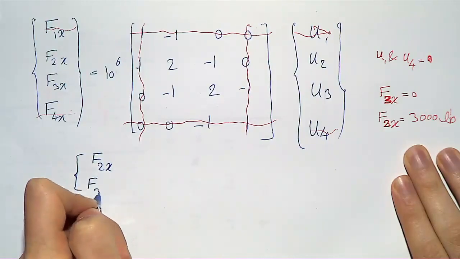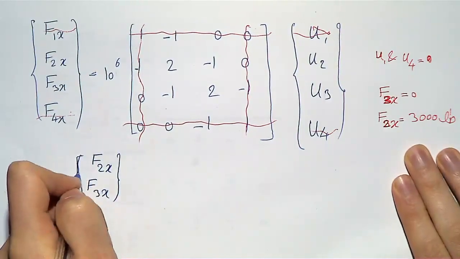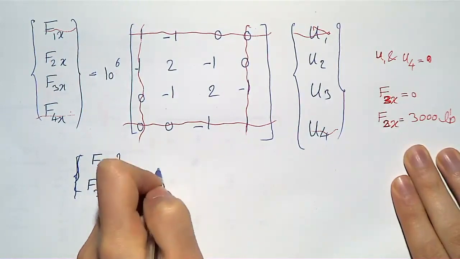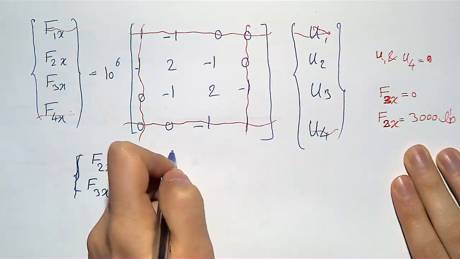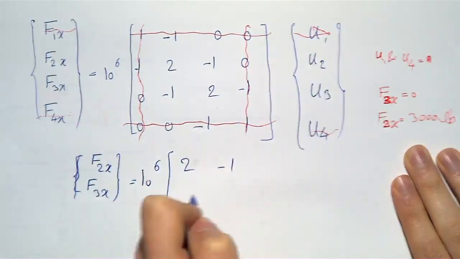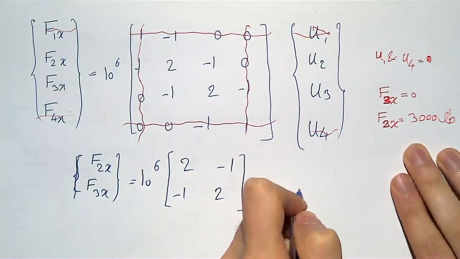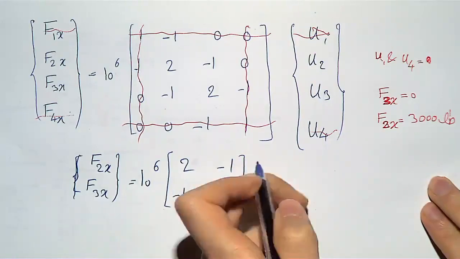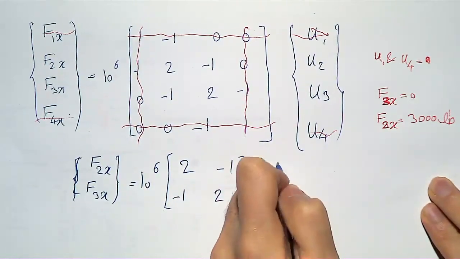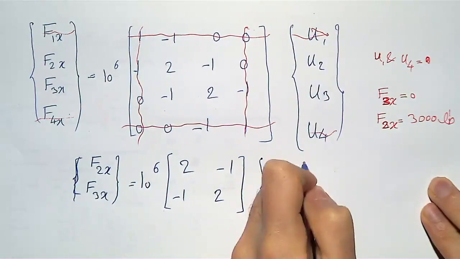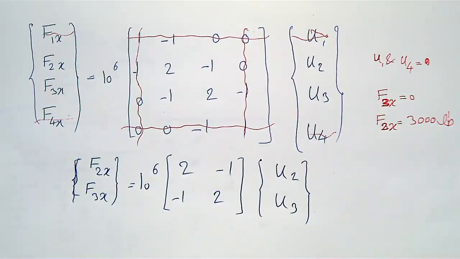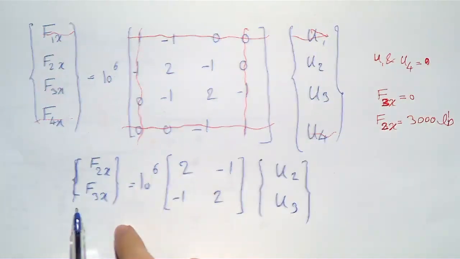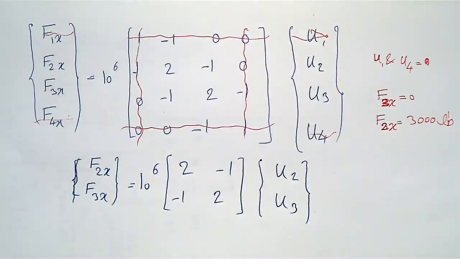F2x, F3x equals to 10 to the power 6 times this 2 by 2 matrix and times by U2, U3. And then we can substitute the F2x and F3x with 0 and 3,000 pounds.